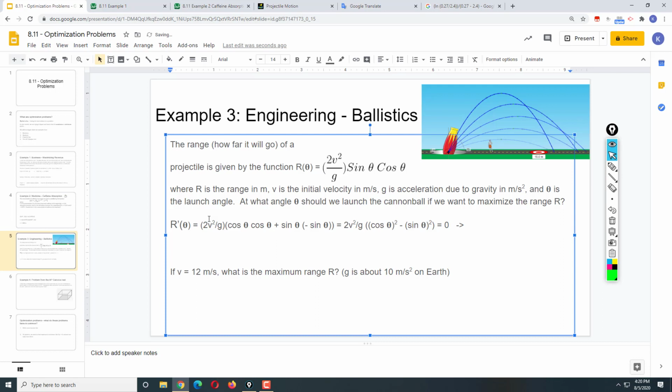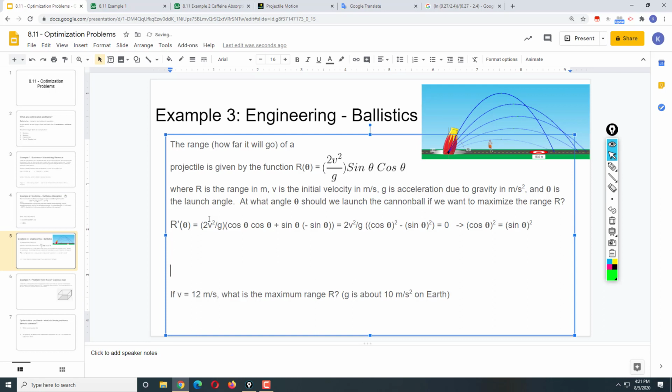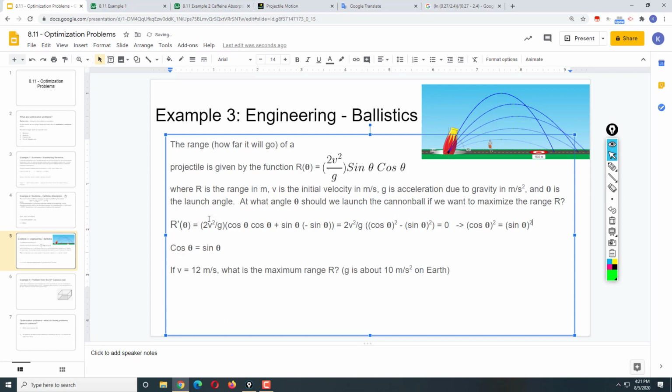So what we really have here is cosine theta squared equals sine theta squared. Well, cosine theta and sine theta are both positive here. So in other words, what we know then is that cosine theta equals sine theta.